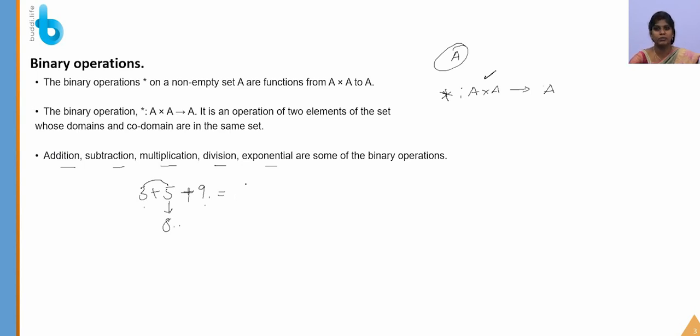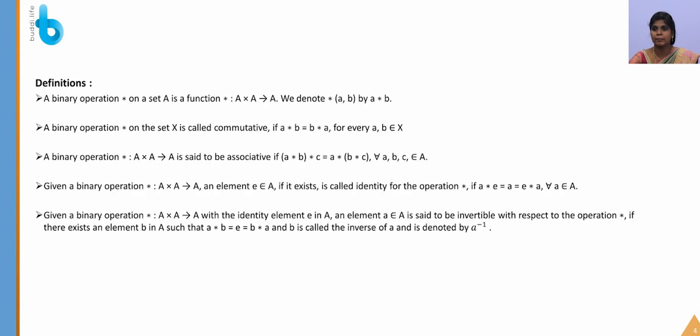Now we move on to some important definitions. A binary operation on set A is a function from A cross A to A. This is what we learned in the previous definition also. We denote star of (a, b) by a star b. Why is it represented like this?